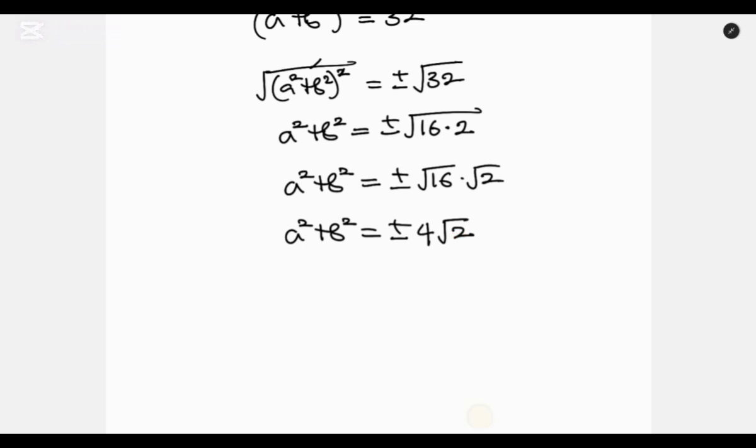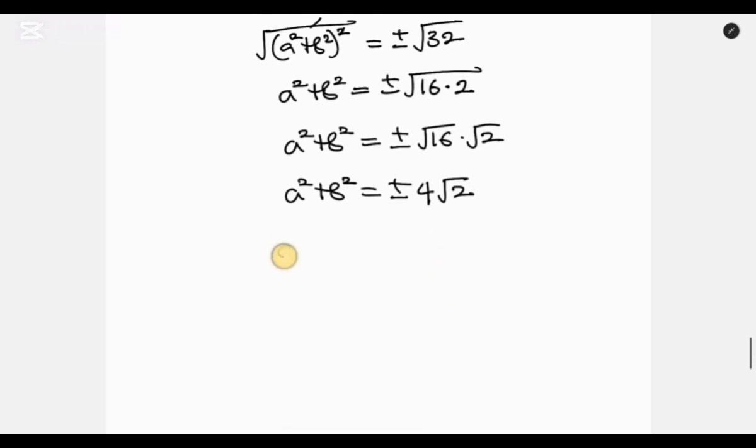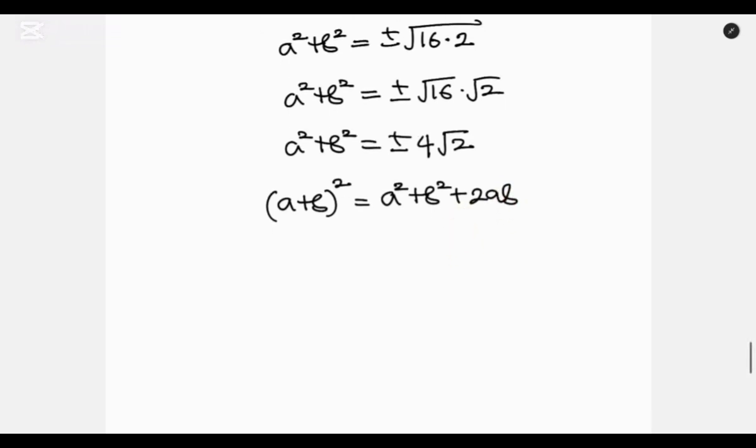Very good. Now there is an identity that will lead us to a plus b, which the question requires us to find. And this identity is (a plus b) all raised to power 2. You can see what we're looking for here. Well, (a plus b) all raised to power 2 is the same as a squared plus b squared plus 2ab. Now let's substitute. So (a plus b) all raised to power 2 is equal to a squared plus b squared, which is what we just got to be plus or minus 4 root 2, so plus or minus 4 root 2.